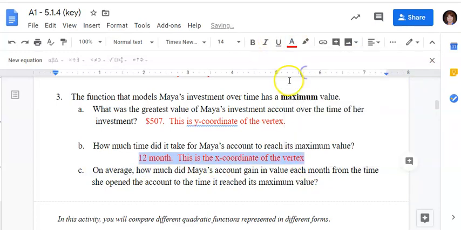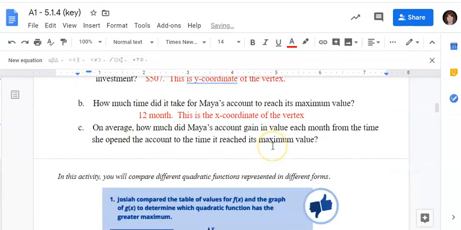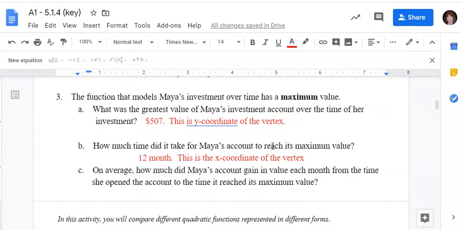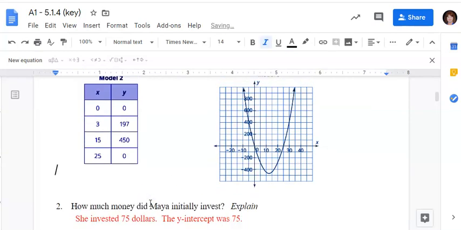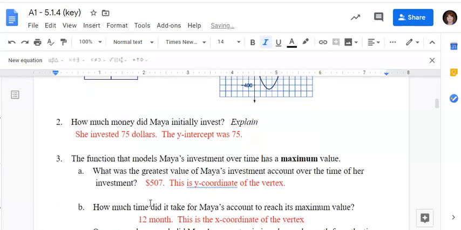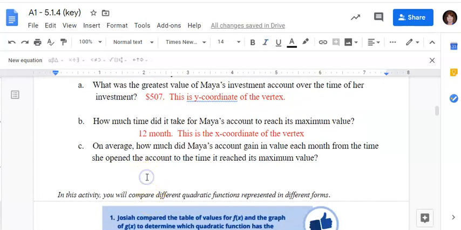Okay, the last question says, on average, how much did Maya's account gain in value each month from the time she opened the account till the time it reached its maximum value? All right, when it says on average, it's asking you for average rate of change. So let me back this up a little bit because I need some more space. And let's use the equation editor for this one.